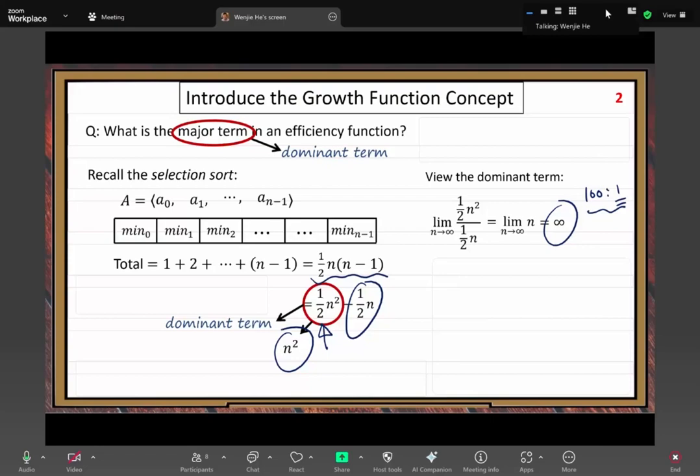Here I want to explain why we want to further simplify our dominant term by dropping the leading coefficient. The reason is this. What do we want to do? We want to study algorithm efficiencies.